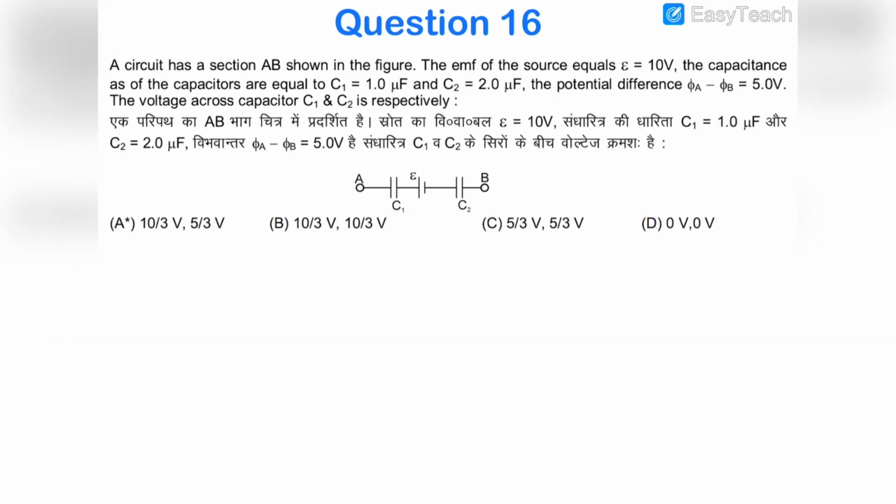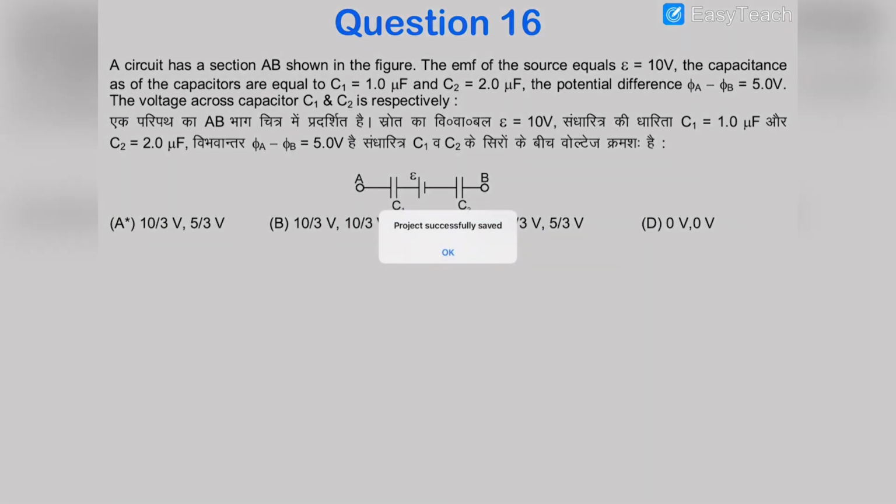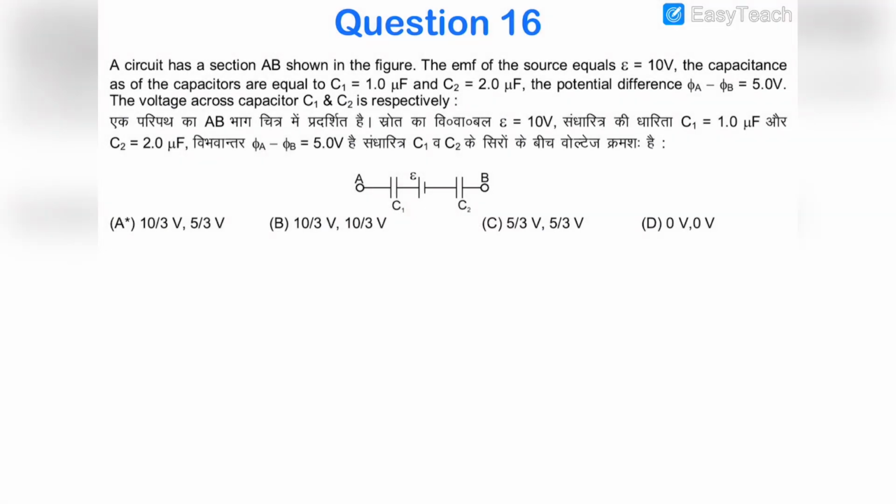In this question you can see that this circuit AB is shown in the figure, and the EMF of this source is 10 volts. The capacitances of the capacitors are equal to 1 and 2 microfarads, and the potential difference between A and B is 5 volts. The voltage across these capacitors would be, so let us first of all find out the charge flowing through this.